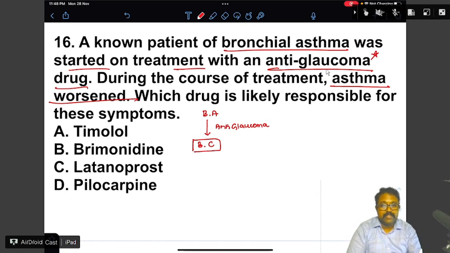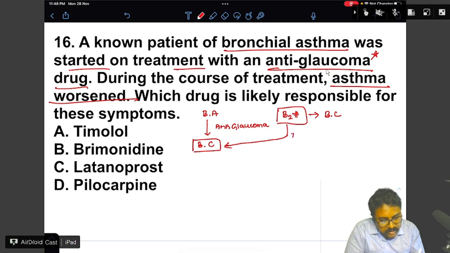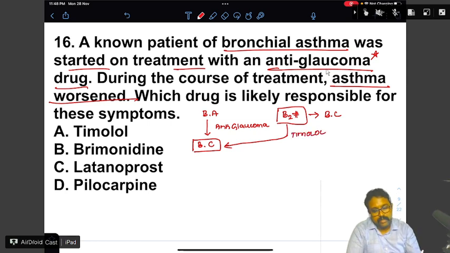As you know, in case of bronchial asthma, beta 2 blockers, what will they do? They will cause bronchoconstriction. Here also, which is the beta blocker which can lead to bronchoconstriction? It is the timolol. Timolol will cause bronchoconstriction, which is a beta blocker.